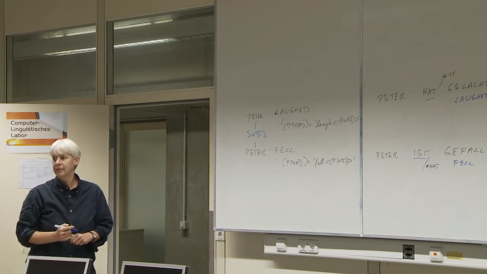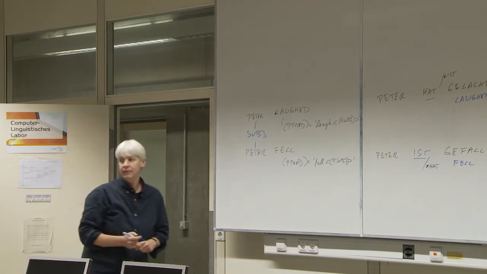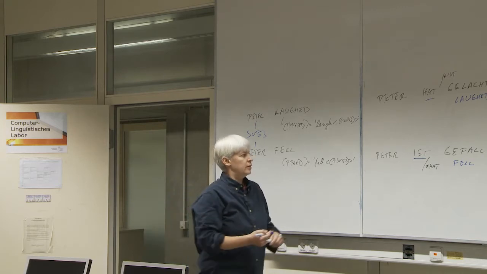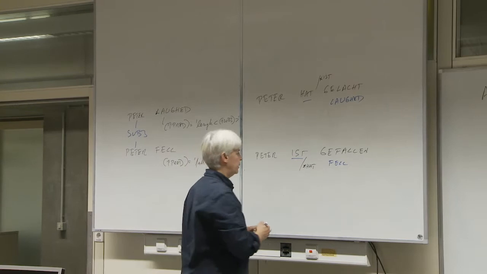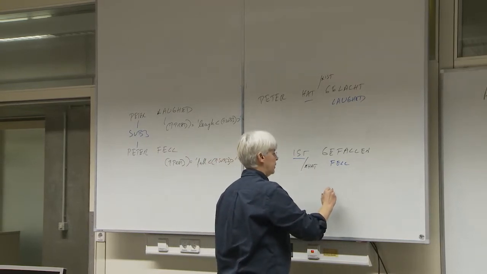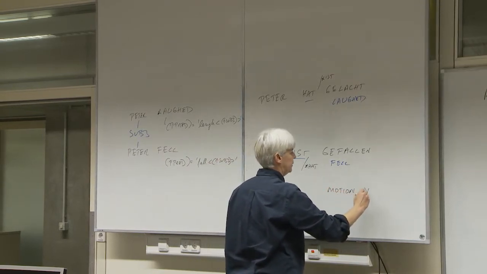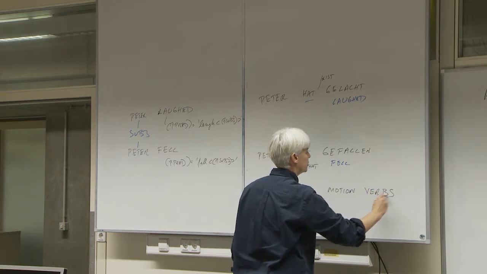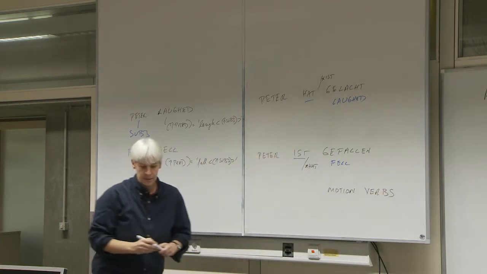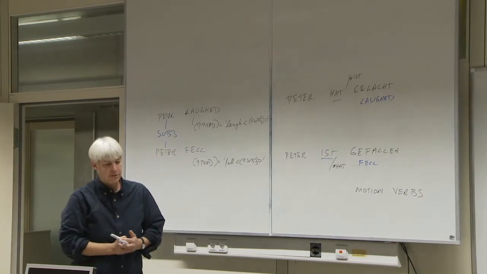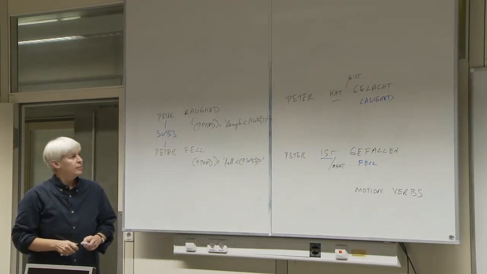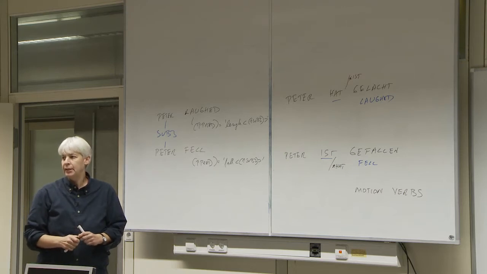I think that ist combines with motion verbs. Yeah, that is one factor, but it's not just motion verbs. Gefallen, that's correct. But you also say things like Peter ist gestorben, Peter died.